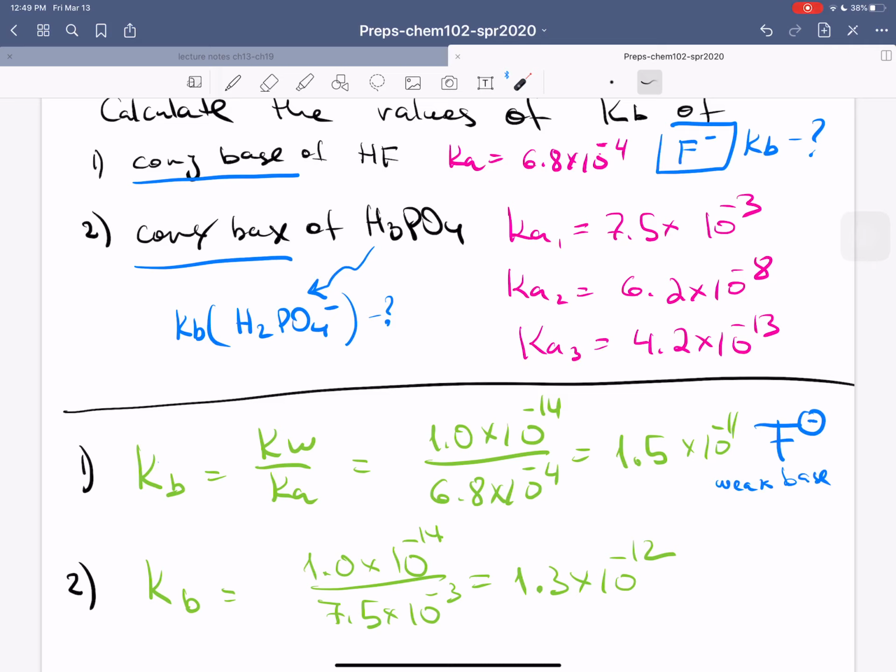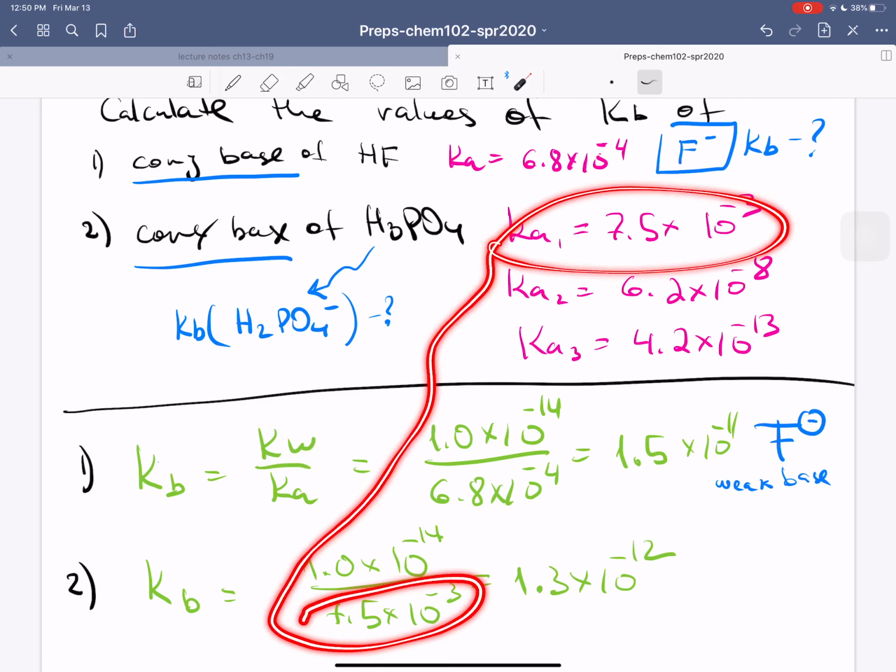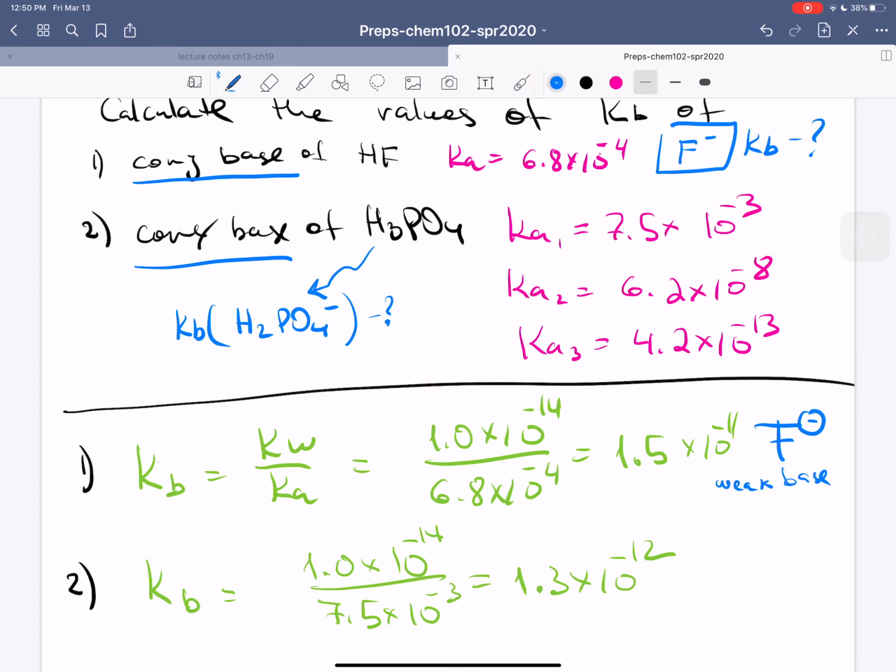Of course, this value of the Ka, which says 1, is the donation of just the first of these 3 protons. So this is the value that we're going to take. Okay. So then this is the calculation that I did. I took the value of the Kw, I took the value of the Ka, I substituted it here, and this is the value that I got, and this is the value of the Kb of the H2PO4 minus as the base.